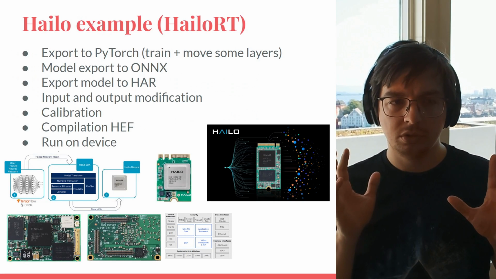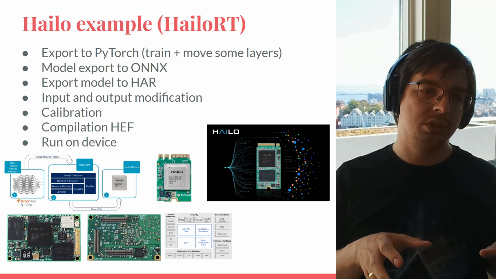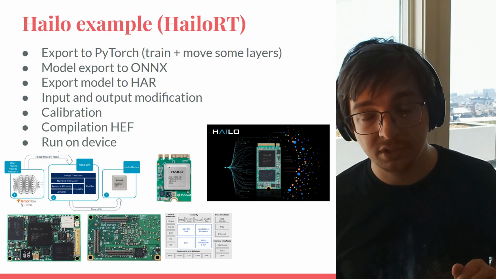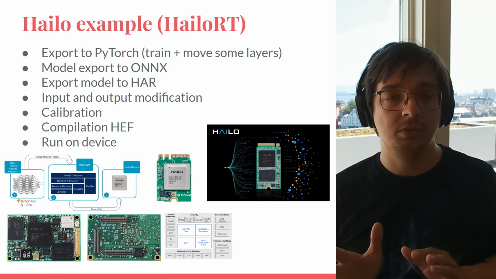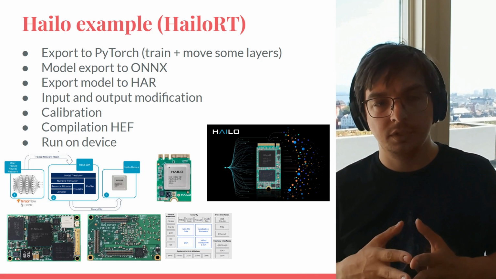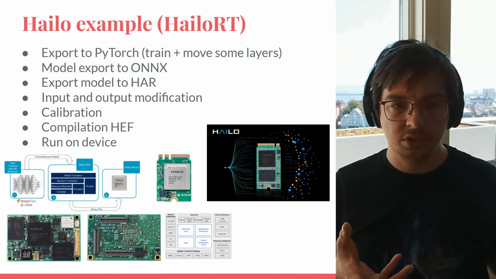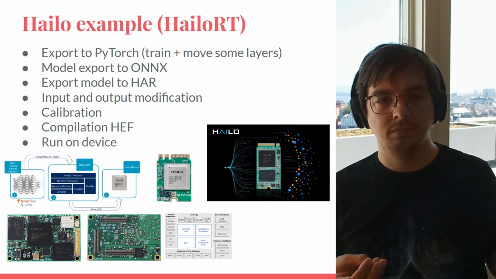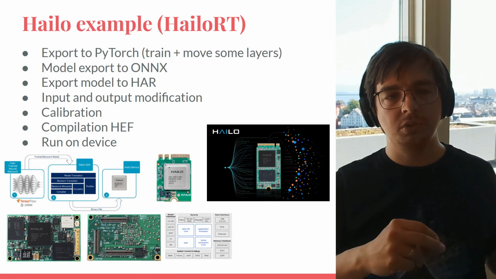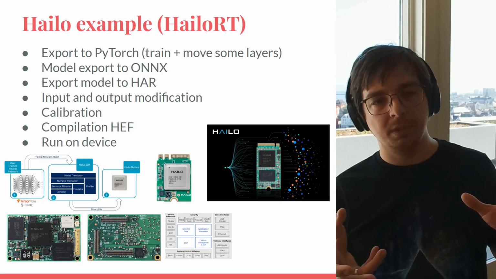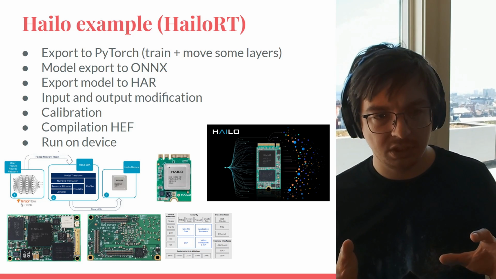And for example, for the Hailo board, there is also a specific video on my channel about this. You need to prepare your model in PyTorch, for example, with some additional layers.